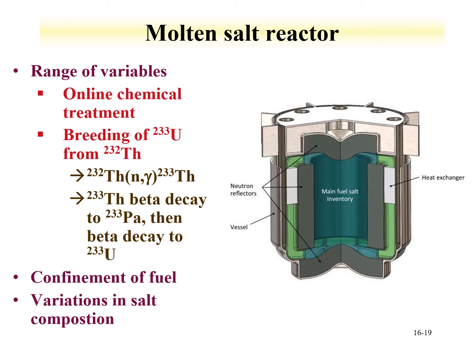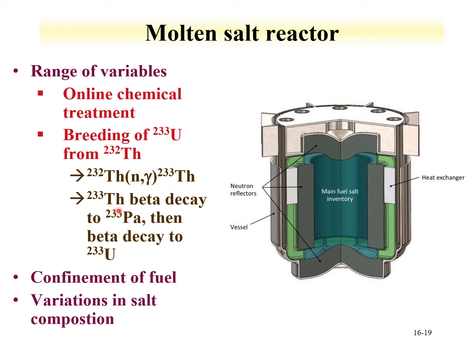There are some variations in the molten salt reactor. Systems can have online chemical treatment to remove fission products and improve the efficiency of the reactors. They can breed in uranium-233 from the neutron capture on thorium-232. As shown here, thorium-232 can capture a neutron and produce thorium-233.